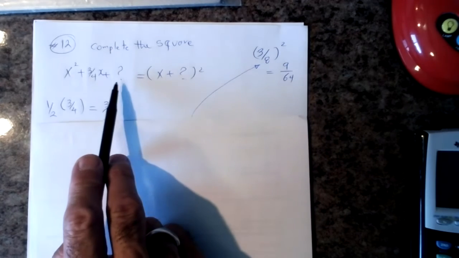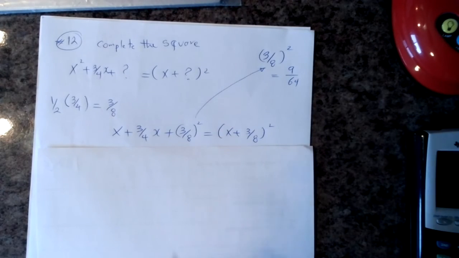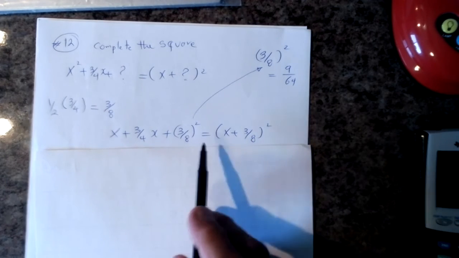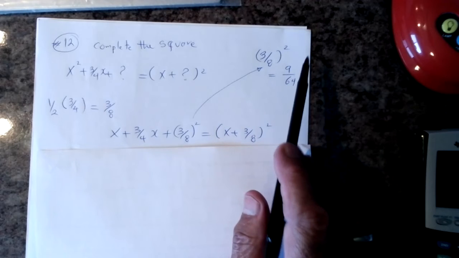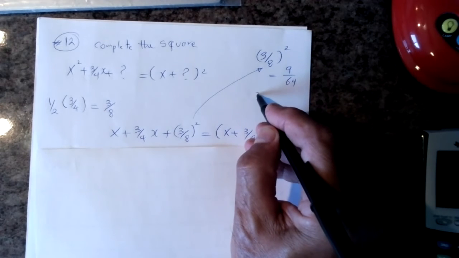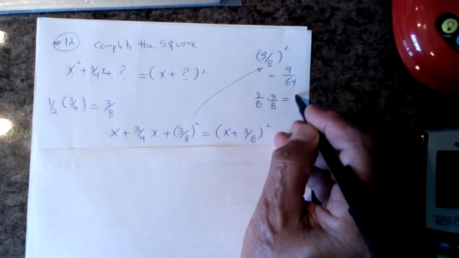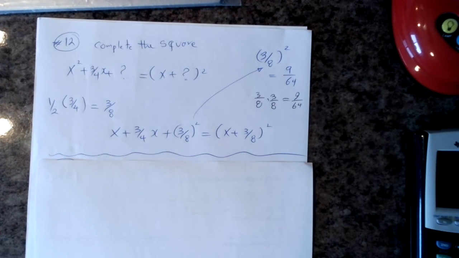So you put that one here and raise it to the power of 2, and here, look what happened: you put it here to the power of 2 inside. And then what is 3/8 squared? 3/8 squared means 3/8 times 3/8, which is 9 over 64.